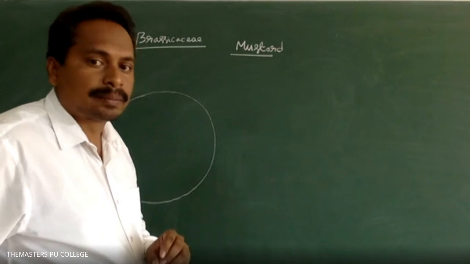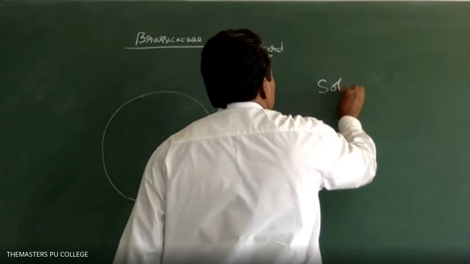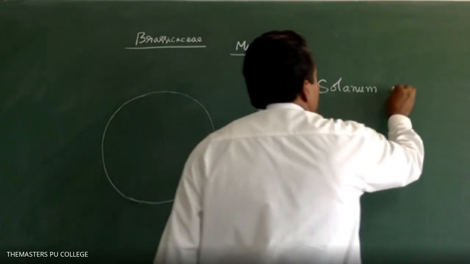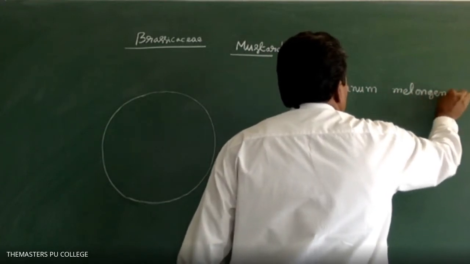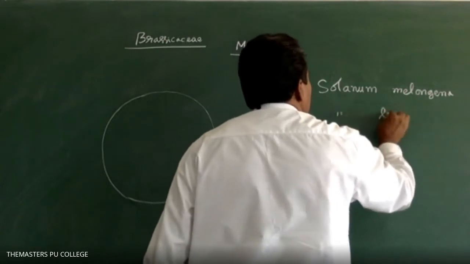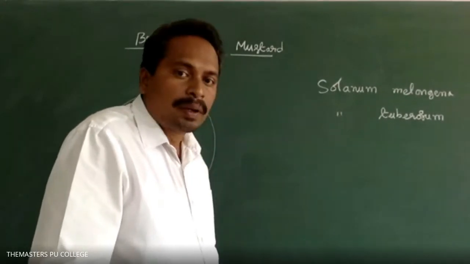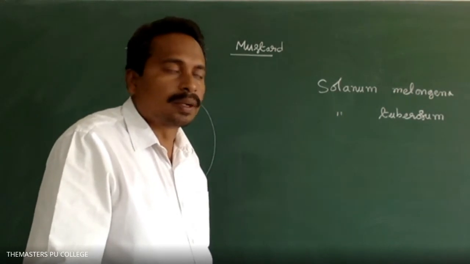Solanum is a genus. Solanum melongena and Solanum tuberosum belong to the Solanaceae family.